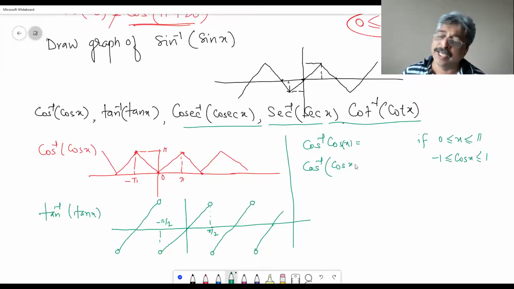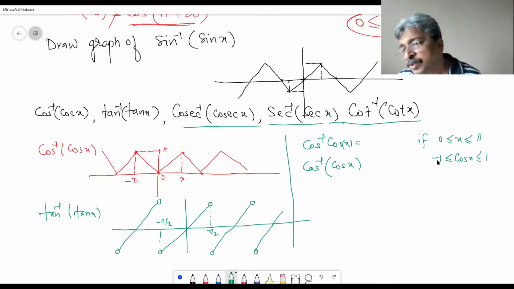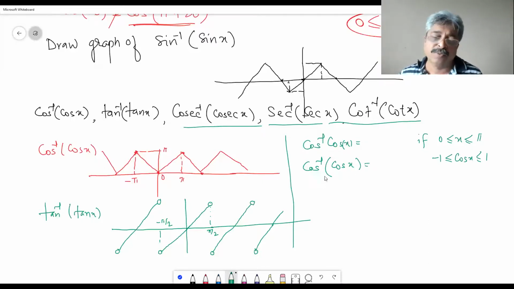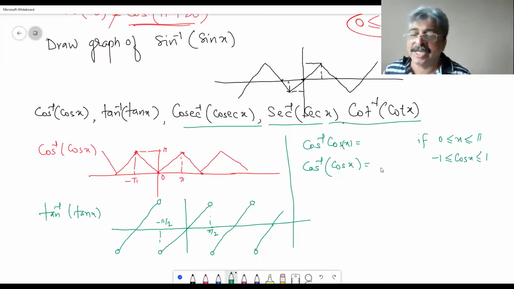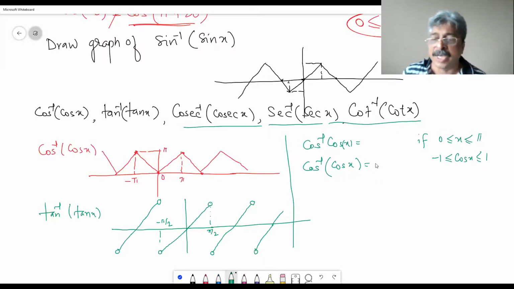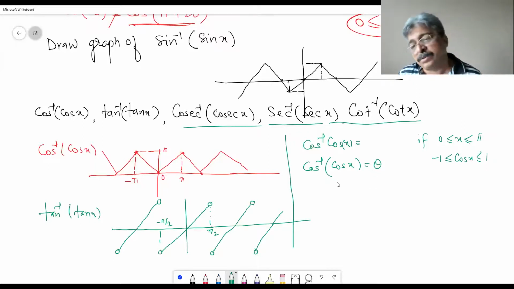And therefore, when you take cos inverse of cos x, cos x is between minus 1 and 1. Suppose this is cos inverse of cos x; that means you are talking about some theta. So cos of theta is equal to cos x.